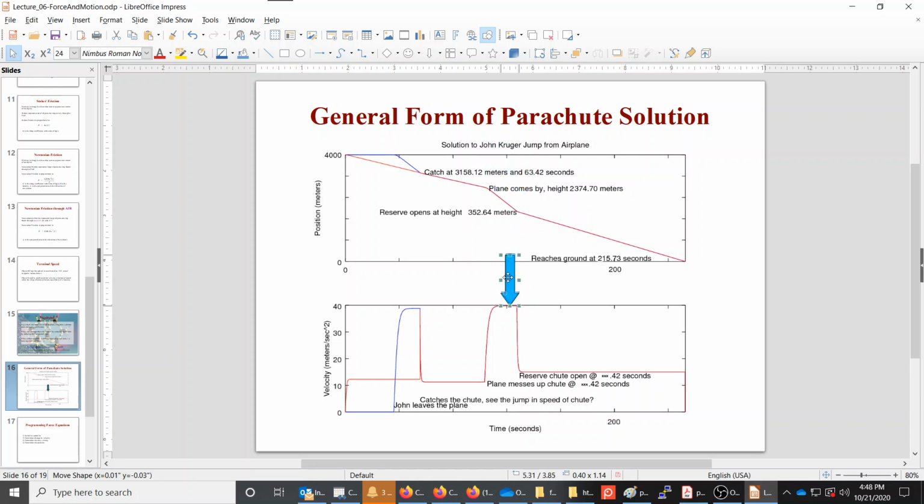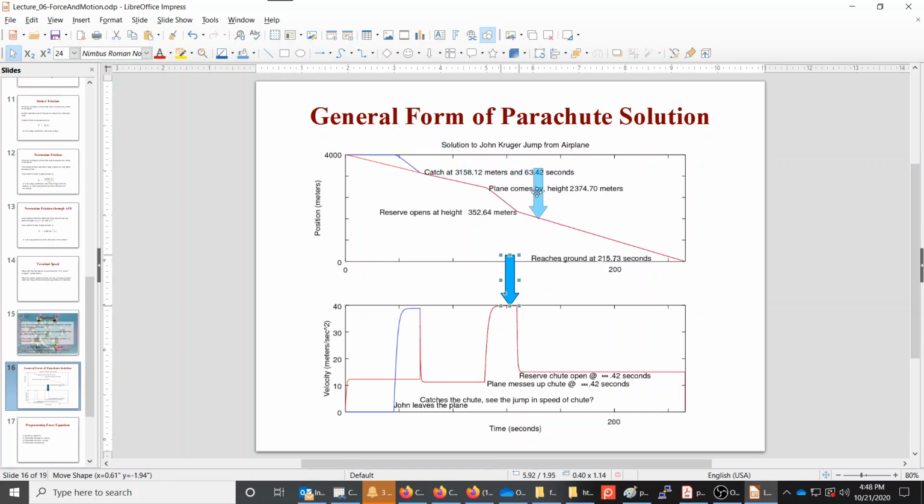And then he's struggling, and he finally cuts away the part of the chute that's messed up, and then he opens the reserve chute, and then he has a nice leisurely drop, probably a little bit faster because the reserve chute isn't as big as the main chute.